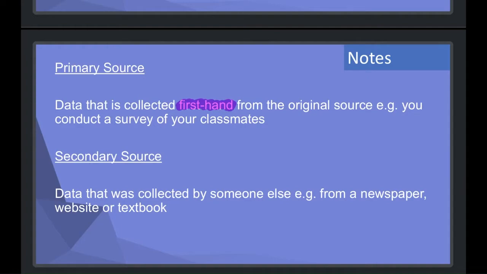A secondary source is something that has come from someone else. For example, you look up something on the internet, you read something in a textbook, you read a newspaper or a magazine, you see something on TV. It's come from someone else and then you're using it. That's secondary.